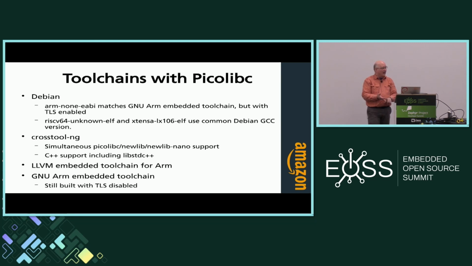And that was changes that I made in order to make it easier to integrate Picolibc into crosstool-ng, so that people didn't have to choose when building the tool chain which C library to support. And that actually includes both C and C++ support, which is pretty cool.